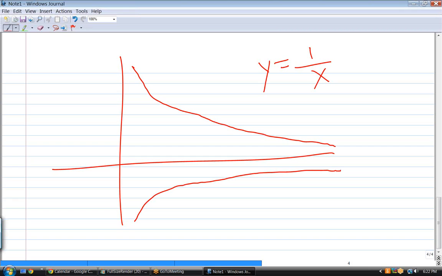The volume is finite, but the surface area is infinite. And there's a lot of things like this in calculus that are paradoxes. In other words, how can you have something that has finite volume and infinite area? But you can. And this is a perfect example of it, Gabriel's horn.